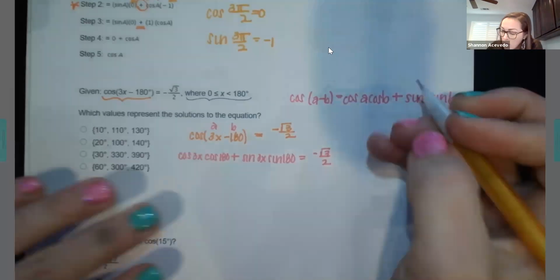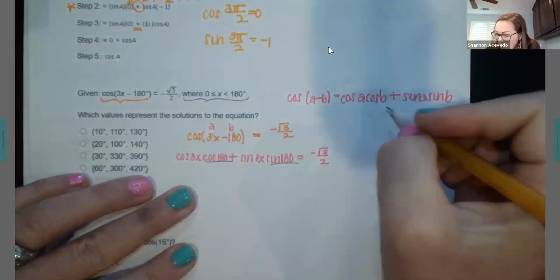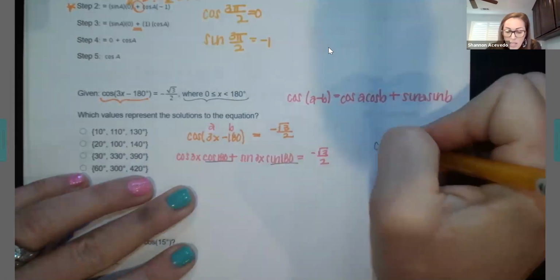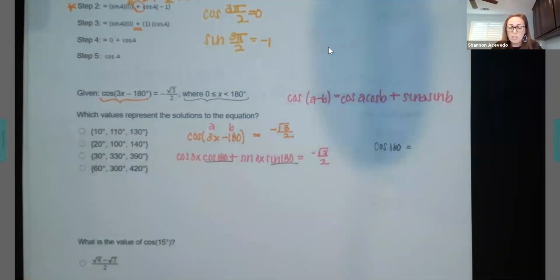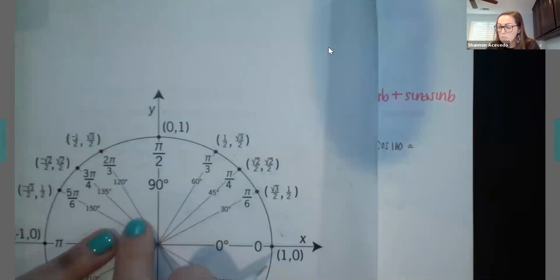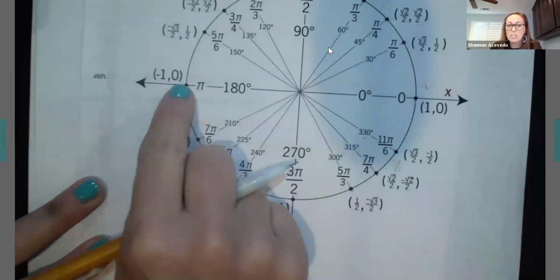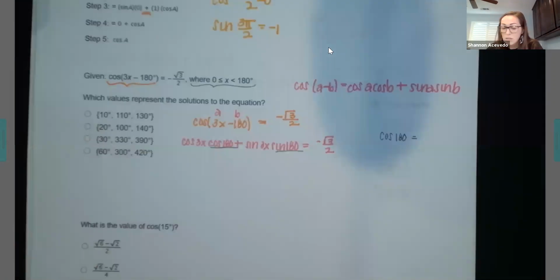Well, I know what these two values are because they're on my unit circle. If I look at the x value at 180 degrees, cosine of 180 is -1. I'm also going to look for my sine, which is 0. I'm just pulling these off my unit circle.